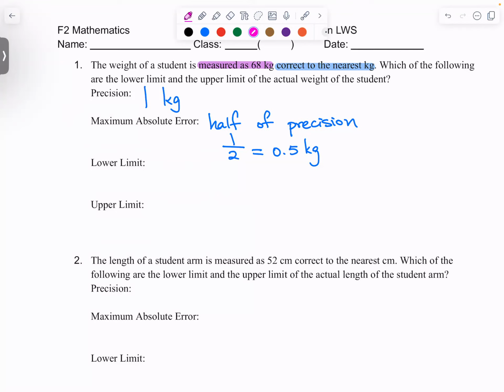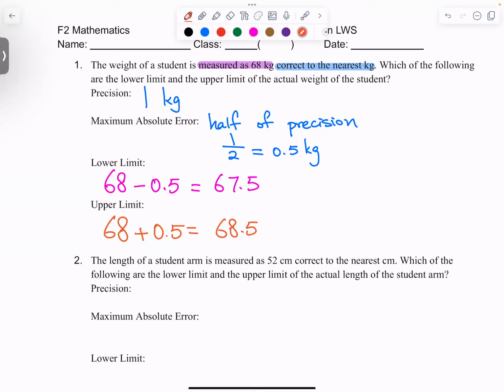So lower limit will be your measured minus your MAE, which is 67.5 kg. Did I miss something? Yes, I did, the unit, kg. And the upper limit will be the measured plus your MAE.